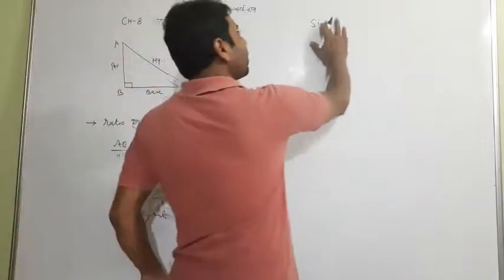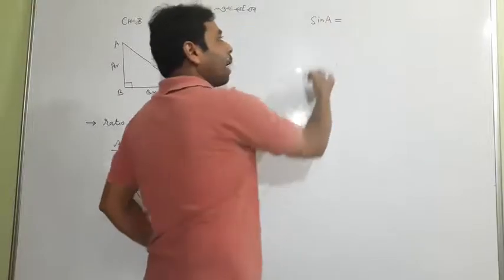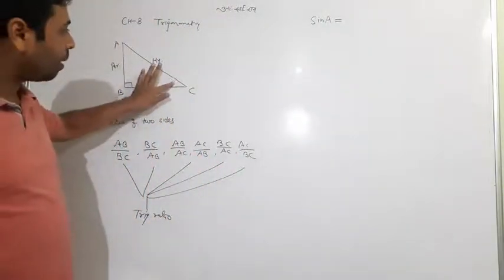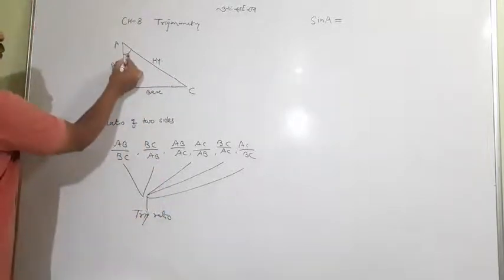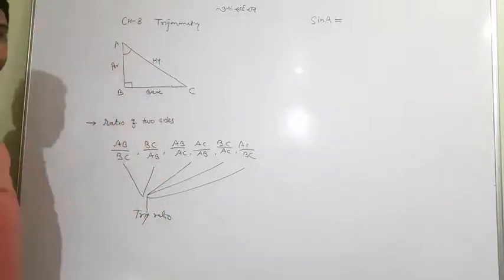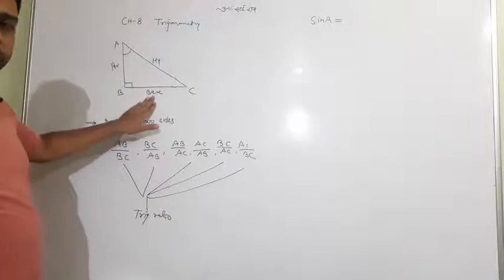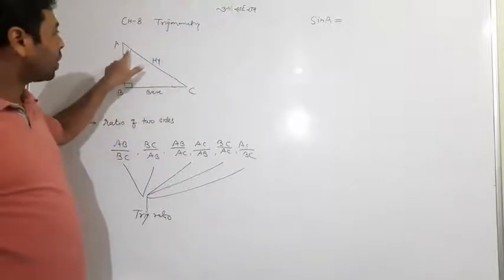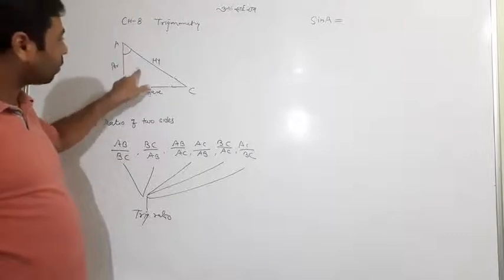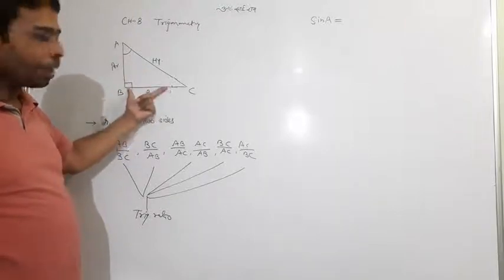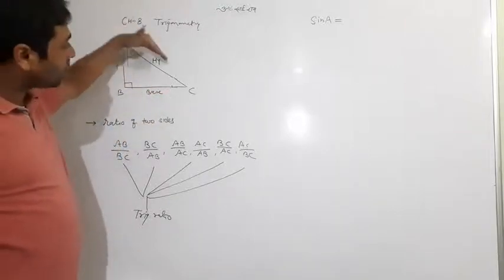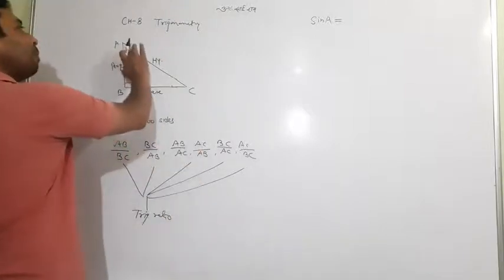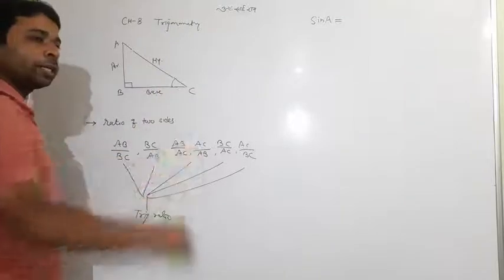If I had taken capital A as the acute angle, the front side would automatically be the perpendicular. Here I have written base because I took C as the acute angle, but if you take A as the acute angle, the front of that will be the perpendicular, this will be the base, and the longest line is always the hypotenuse. But don't worry about that, and please remember this sentence because it's a very important sentence.